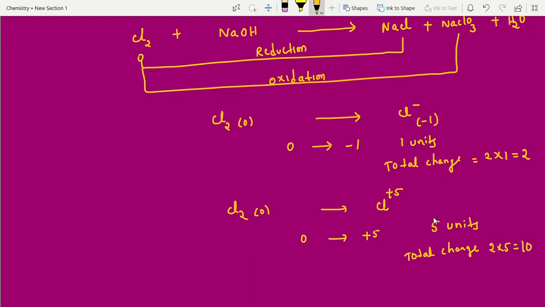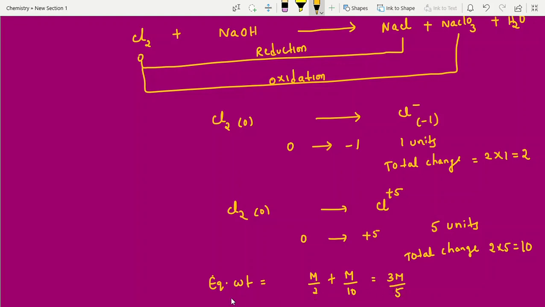Here, how to write the equivalent weight, students? Equivalent weight equals m by 2 plus m by 10. You will get equivalent weight as 3m by 5.